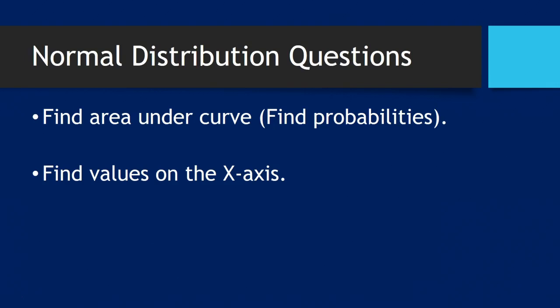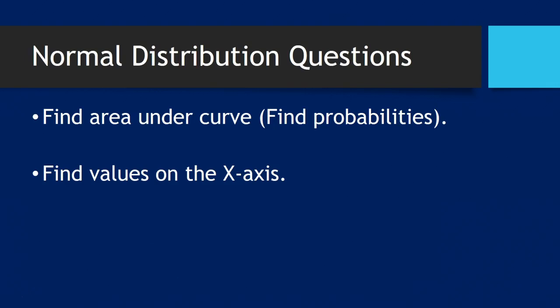Now the good thing about normal distributions is there's really only 2 types of questions that one could ask, or that I would ask about a normal distribution. The first question is, can we find the area under the curve? Another way to state that question would be saying, can we find the probability that a randomly selected individual falls between 2 different values?